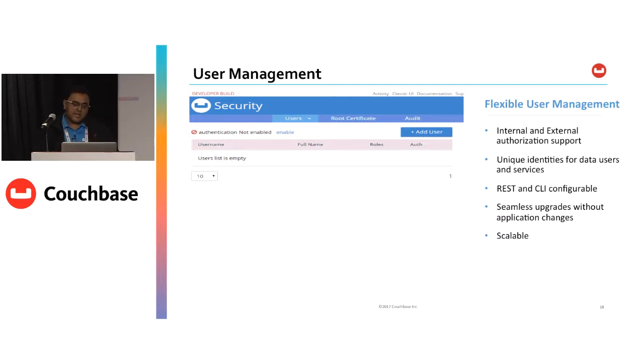The next one is user management. I talked about it a lot, and I wanted to summarize what user management is all about. We have added flexible user management, which means that you can now support internal as well as external authenticated users through domains. There are unique identities now for each of your data users.